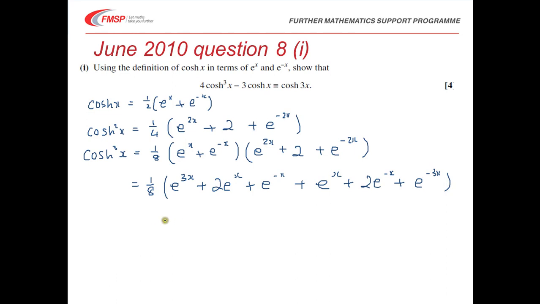which gives us 1/8 of e to the 3x plus e to the minus 3x plus 3e to the x plus 3e to the minus x.